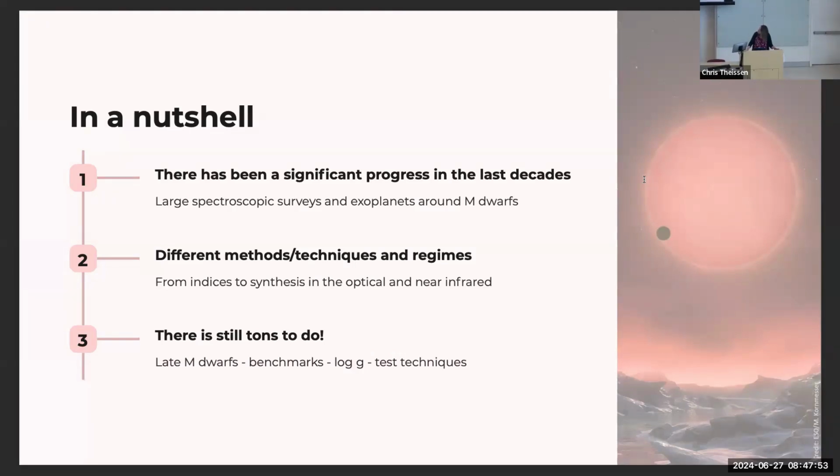There are different methods or techniques and different regimes where these methodologies work. There are still a lot of things to do. I'm going to warn you that this is my vision on the field. So I'm going to give some ideas of what I think are still missing in our field.